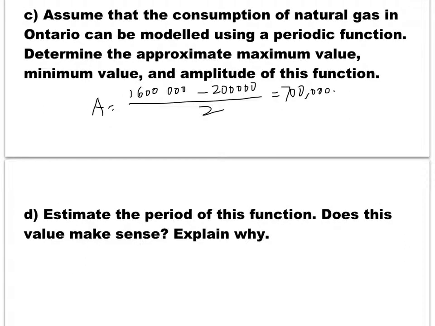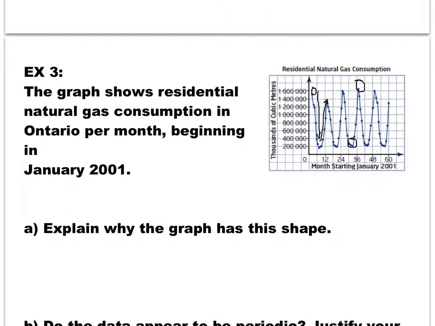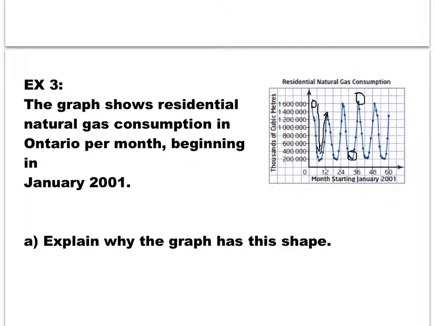The next question is estimate the period of this function. Again, if we go back to the graph, you can see that every cycle, starting from here, the beginning, to the end is one cycle, and then the next one goes from here to here, the second one.